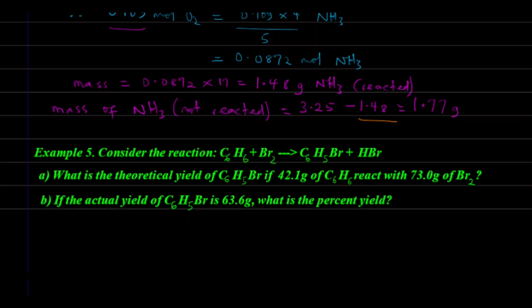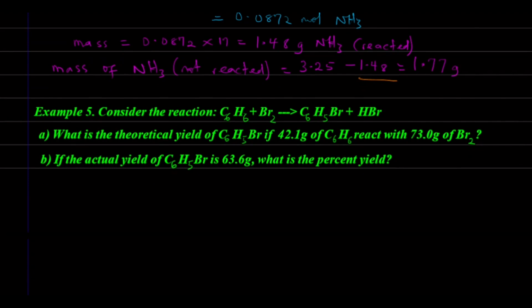What is the theoretical yield of C6H5Br, that is bromobenzene, if 42.1 gram of benzene reacts with 73.0 gram of Br2? If the actual yield of C6H5Br is 63.6, what is the percentage yield? Feel free to pause the video so as to try it. Okay, so let's continue.